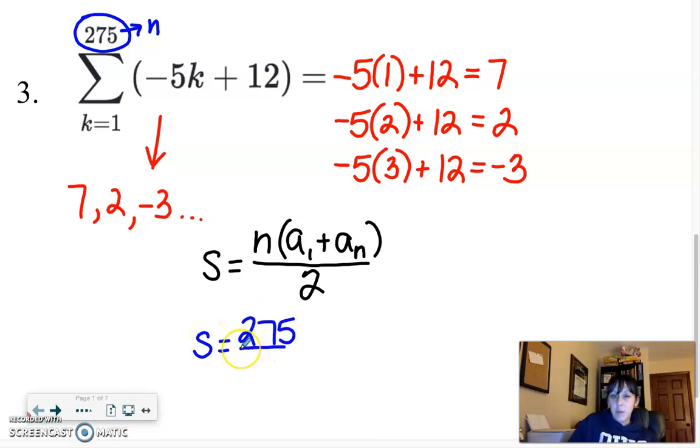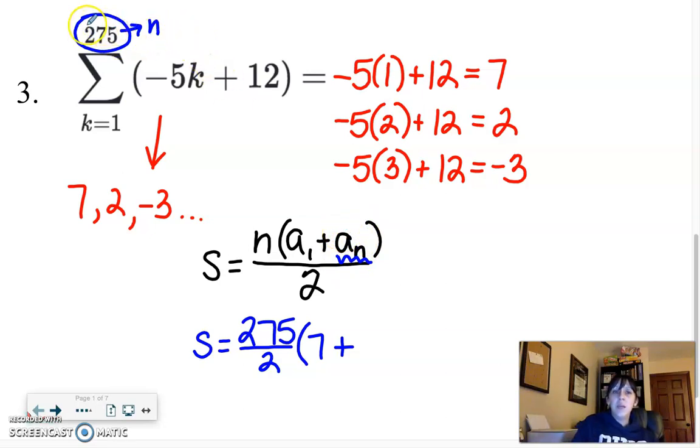I really think I might have put divided by 2. I'm trying to remember, but I'm going to write it this way now. A1, do we know that? Yeah, we found A1 because we just plugged it in and found that value a second ago. And then AN, I don't know if we talked about this a whole lot in section 6.2, but AN in this case means what would be the last term that you're adding.